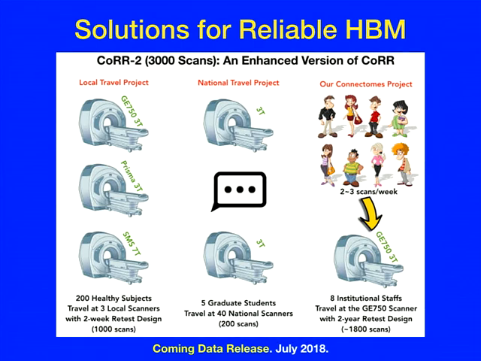The first one is called the Local Travel Project. We have 3 scanners around the institute: 2 3-Tesla and 1 7-Tesla. We have 200 healthy subjects. They will travel across these 3 scanners and be measured 5 times.